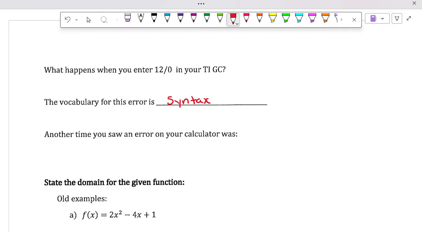It's the structure or order of sentences. Same thing in math. It's the structure or order of what you put into your calculator. So syntax is the structure or order of sentences in English. In math, it's how you set up an equation, a function, or expression, whatever. So we get a syntax error because your calculator knows you can't divide by 0.